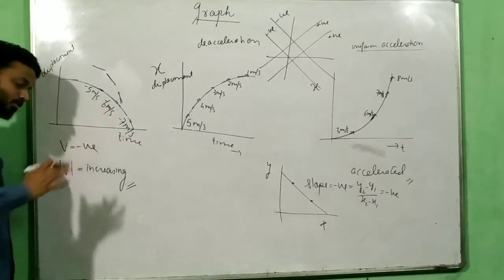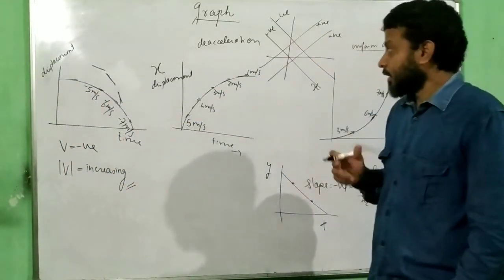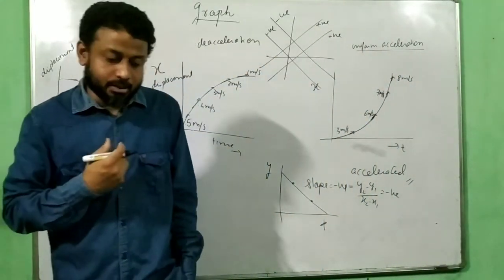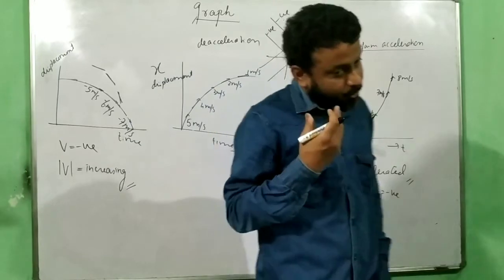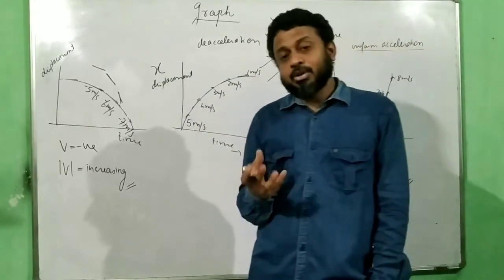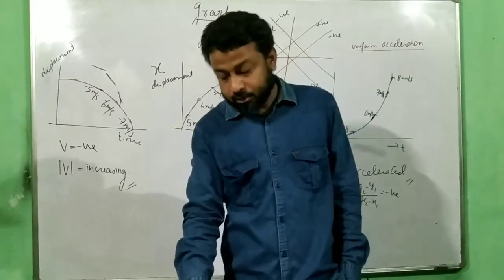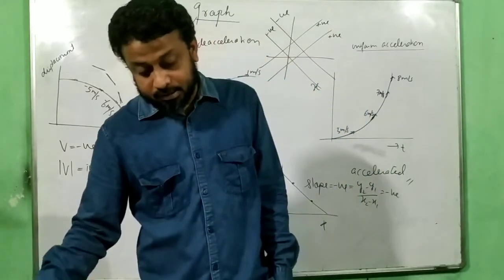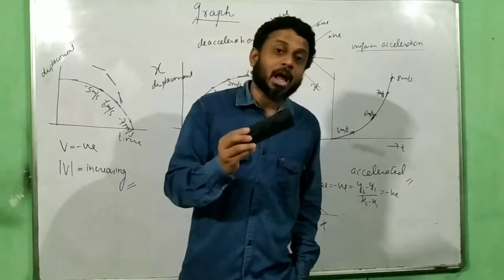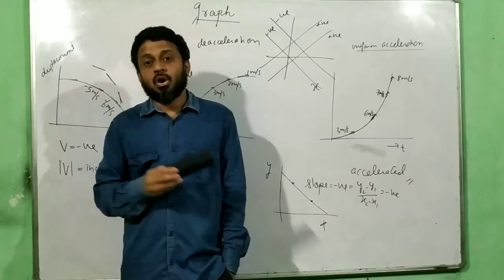This last one you have to understand very carefully. Why am I saying this? Because I want you to practice or research a question. Definitely I will discuss it in my next class. I want you to think about how the displacement time graph looks for this.